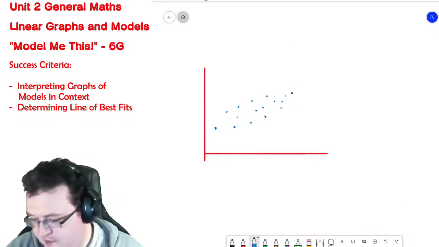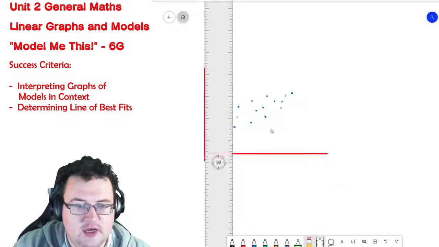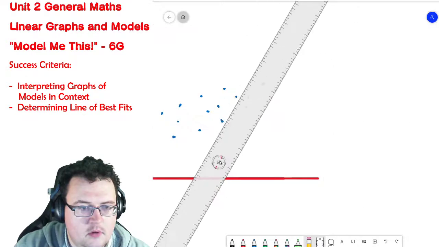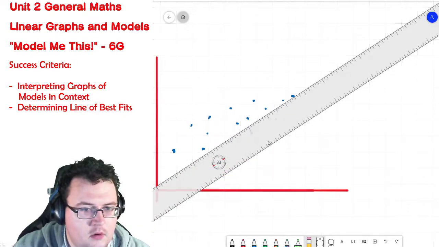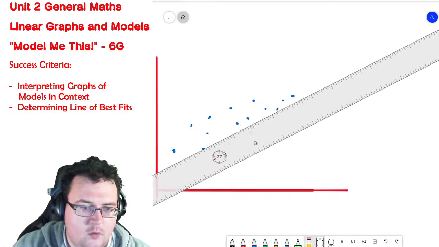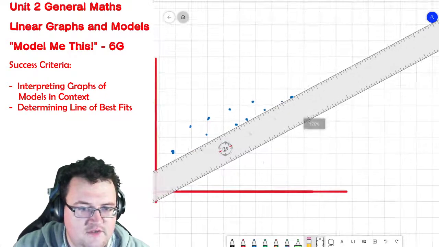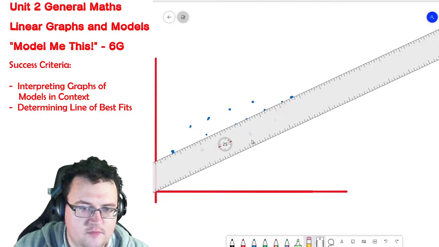And generally the way we do it is we look for, this is where I'm going to need my ruler again. And what I'm going to do is I'm going to try and line up the left dot with the right dot.